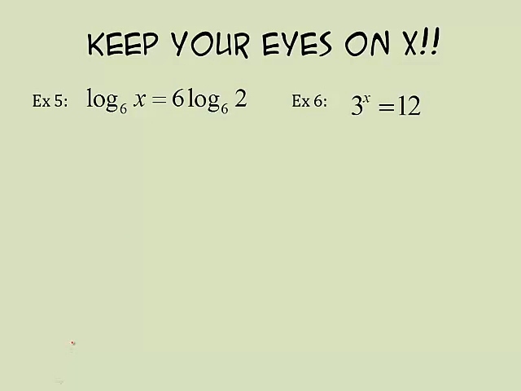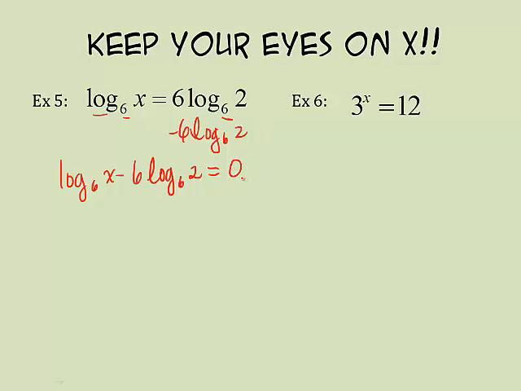Number 5. Okay, now we have logarithms on both sides of the equal sign. They have the same base, so if we can get them on the same side, I can condense it. All right, so I'm going to subtract 6 log base 6 of 2 from both sides. So when I do, I get log base 6 of x minus 6 log base 6 of 2, and now it will equal 0.